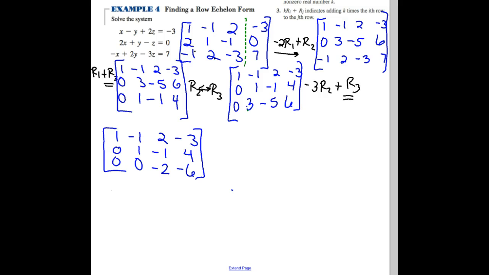I need to somehow get this bottom row to start with a 1 instead of a negative 2. Can I times everything by negative 1/2 and get that to cancel out? So I'm going to take negative 1/2 times row 3, and then I'm not going to add it to anything else. I'm just going to adjust row 3.